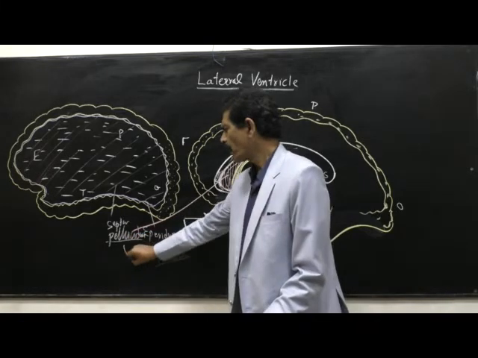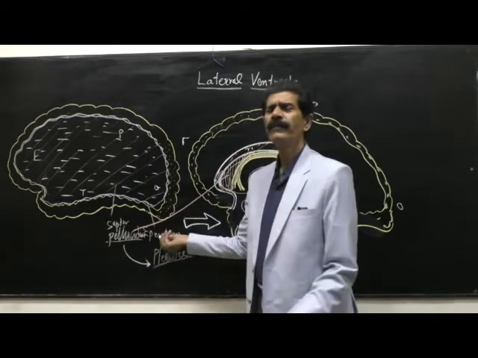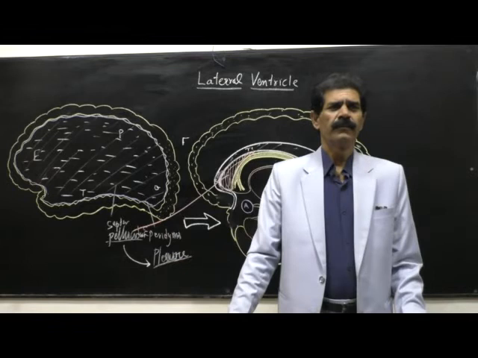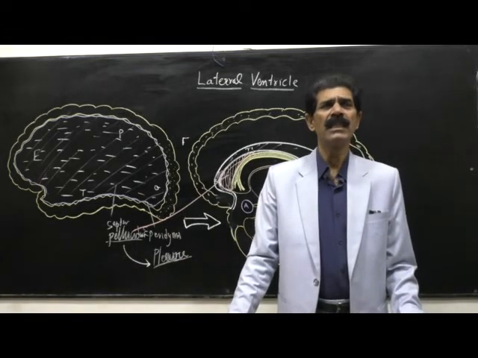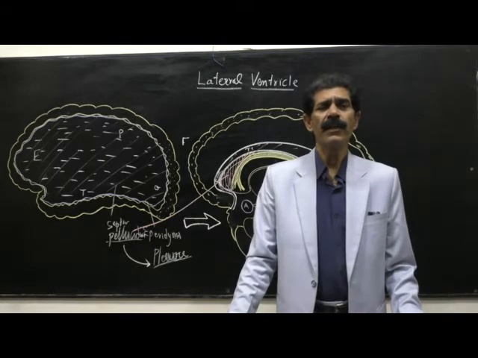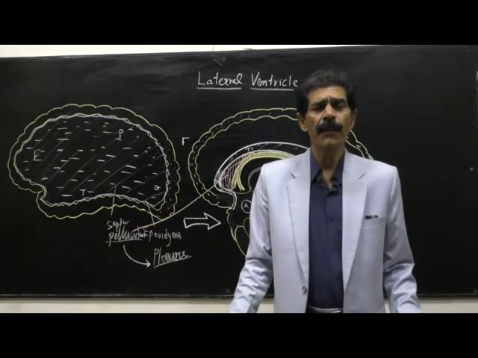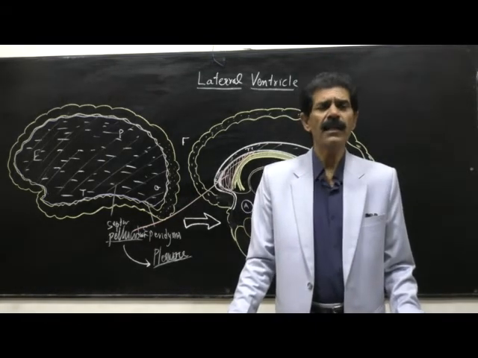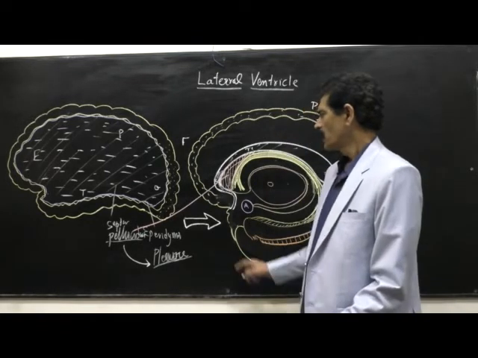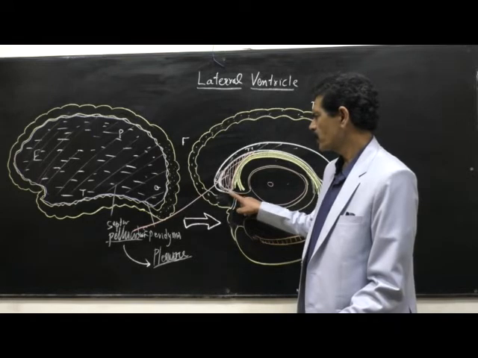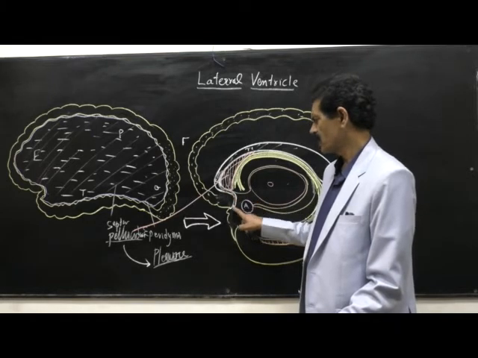So P for pellucidum, remember P for player. So the player mood of humans is related to the nuclei of the septum pellucidum, also called septal nuclei. And the rostrum below is continuous with the lamina terminalis.